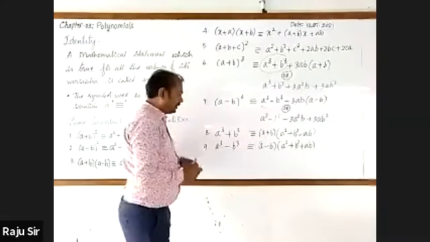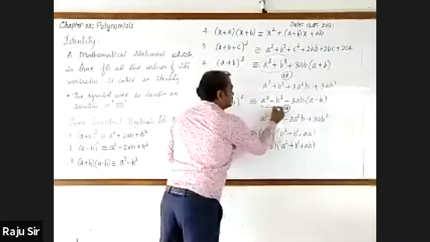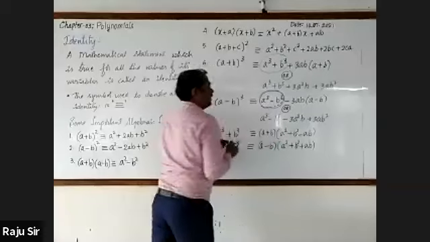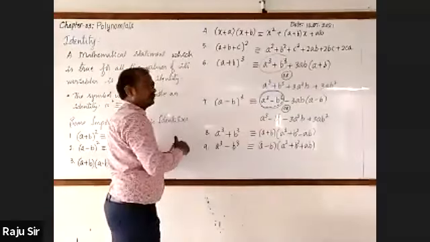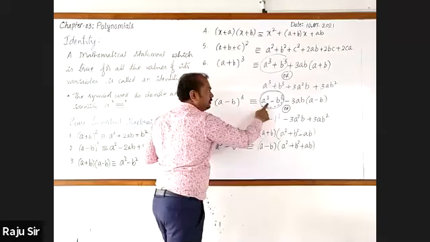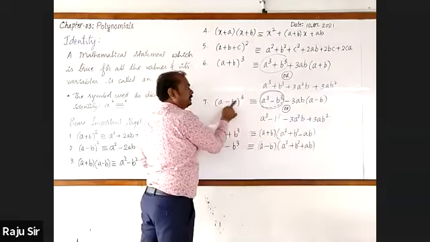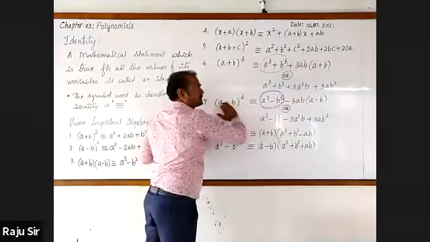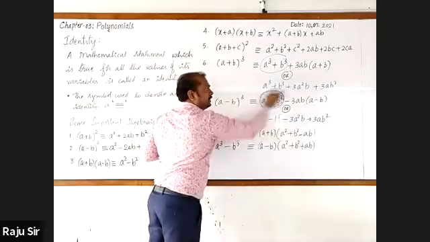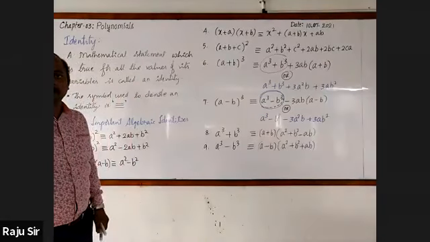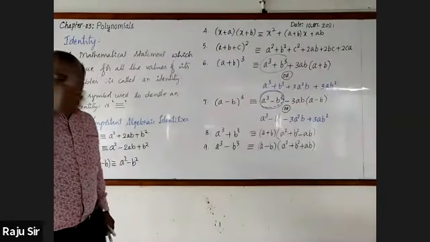We want A cube minus B cube. Leave this one and take remaining to the left hand. A cube minus B cube is exactly equal to A minus B whole cube, transfer this, plus 3AB into A minus B. Got it? Yes, sir.